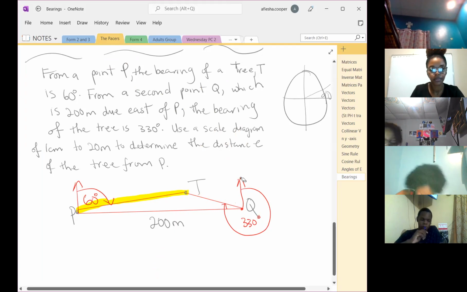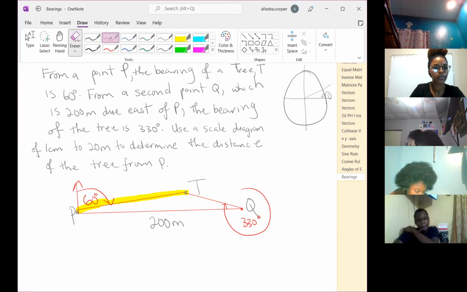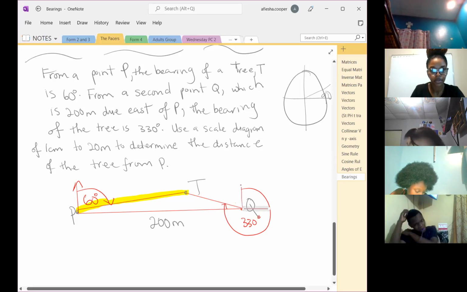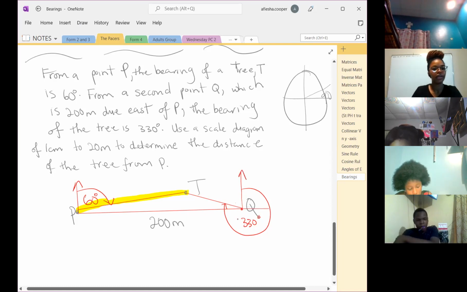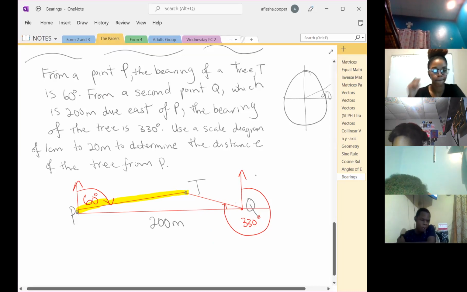Anybody? Miss, you find the angle within the triangle. What angle within a triangle? Miss, since when you form the north line by P, it is 90 degrees.